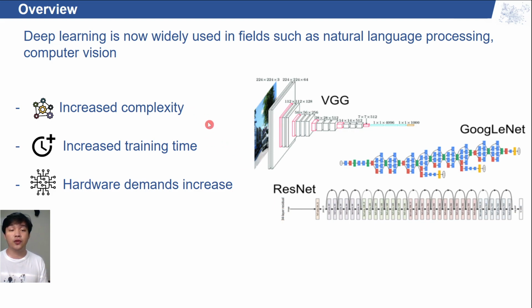Due to these two factors, it also increases the hardware demands for training such models. On the right side, we have commonly known convolutional neural network models, such as VGG, GoogleNet, and ResNet, which can also vary in complexity depending on the amount of convolutional layers configured.